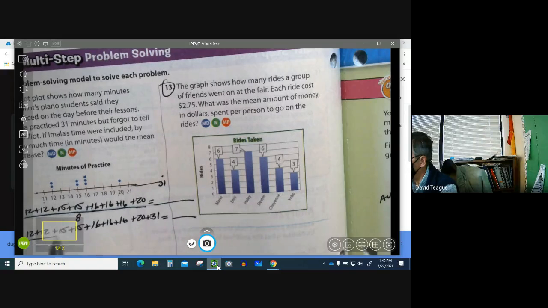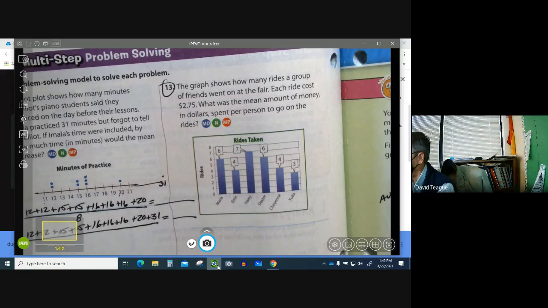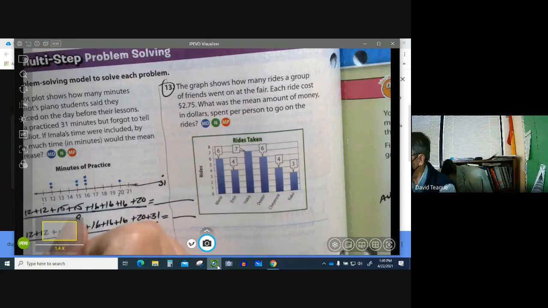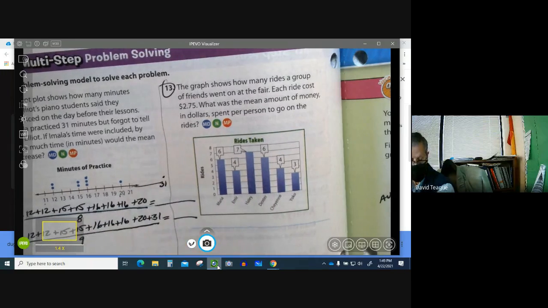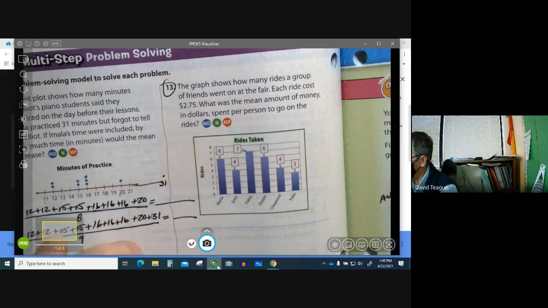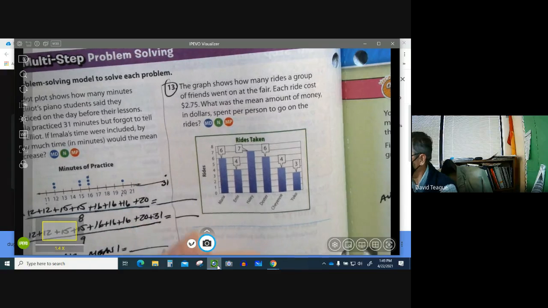Then we're going to divide that not by 8 anymore, but by 9, because we have a whole other data point. When you get your 2 numbers, you take mean number 2 minus mean number 1, and that's going to give you your answer.